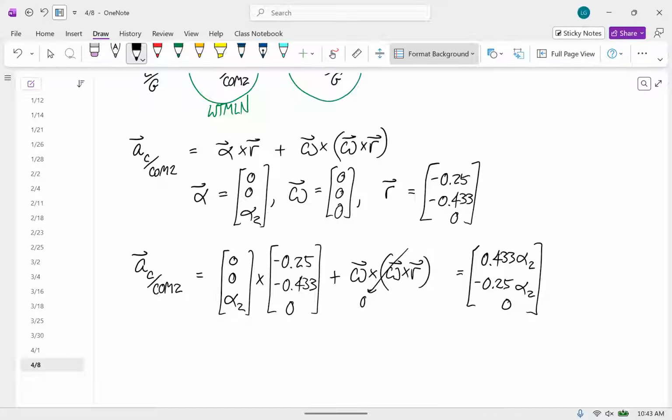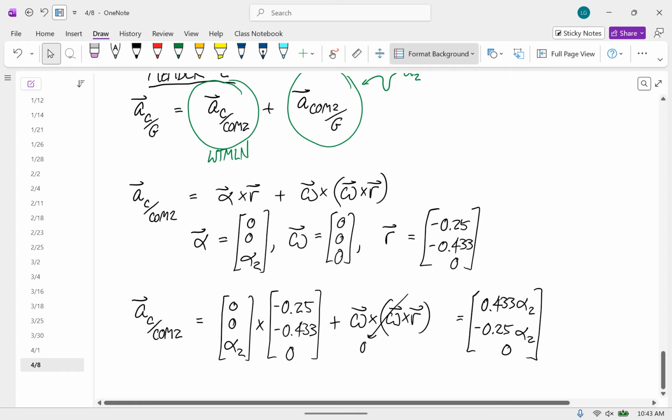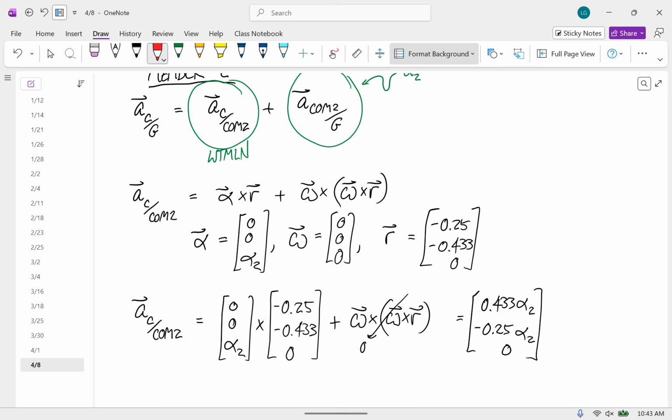is at the center of mass of body two and not like the point B? One way to do it is when you're using relative motion equations, when you're using the watermelon equation along with relative motion equations, this always tells you what the center of your circular motion is.